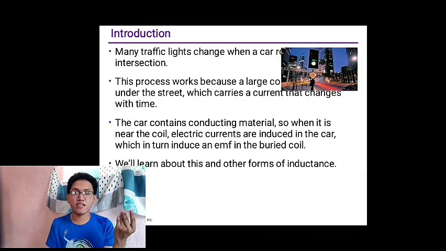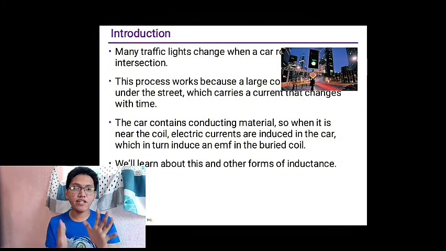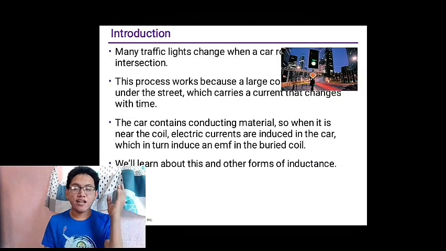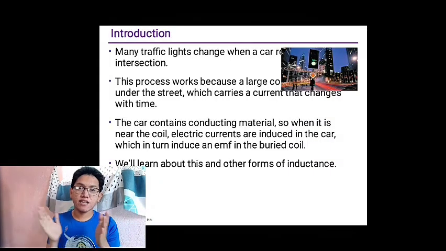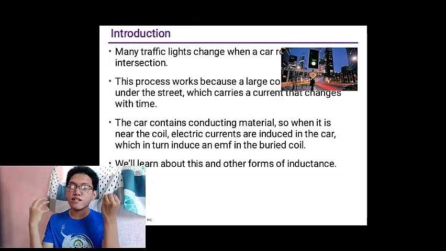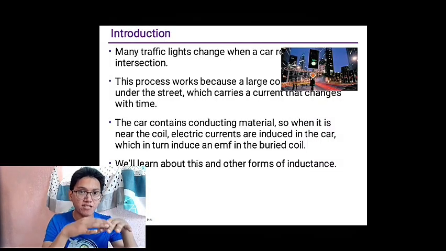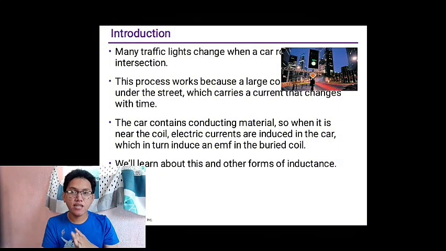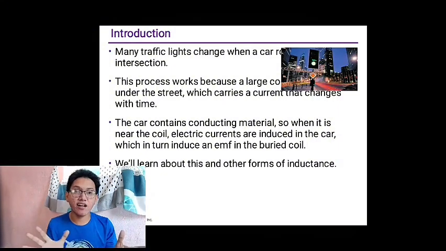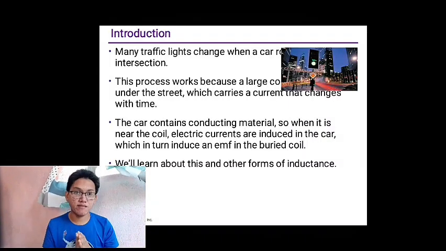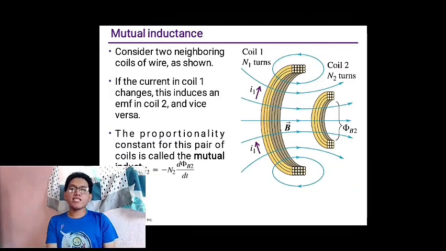I think it doesn't involve this kind of system. However, in other areas they use this inductance, which also involves the car: if it passes through that specific area, the area will detect the conducting metal moving near the coil located beneath the road, and electric currents are induced in the car. But here in our place, it's not applicable.